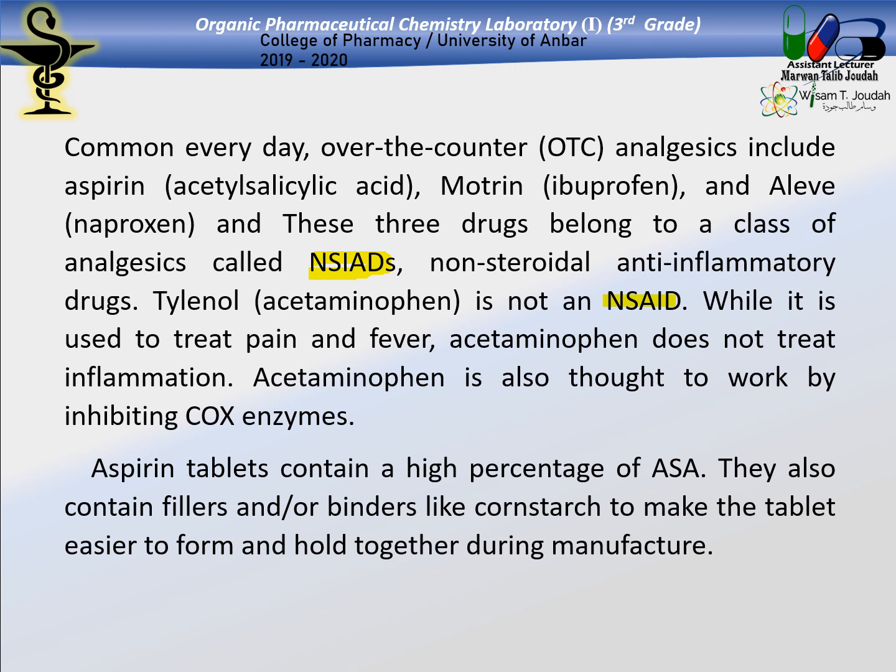We'll talk now about the aspirin tablets themselves, containing a high percentage of ASA, which is acetyl salicylic acid. They also contain fillers, as we mentioned in the previous slide, and a binder like cornstarch, the starch made from corn, to make the tablet easier to form and hold together during manufacture.